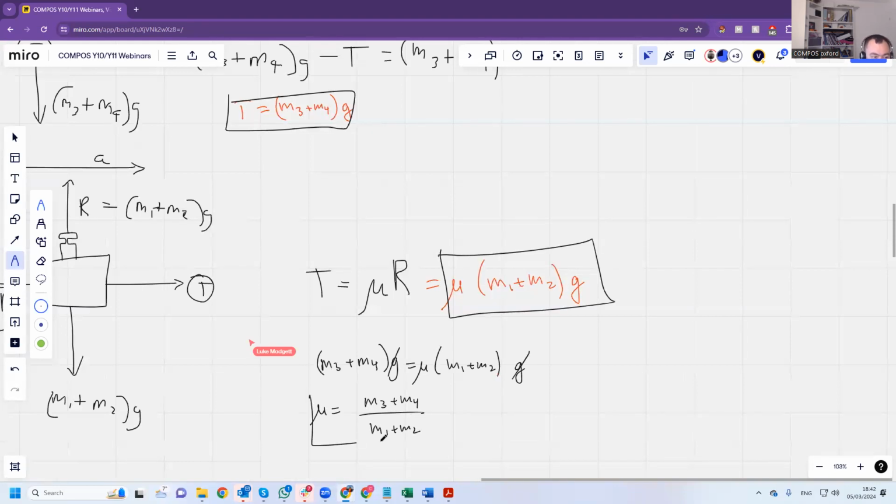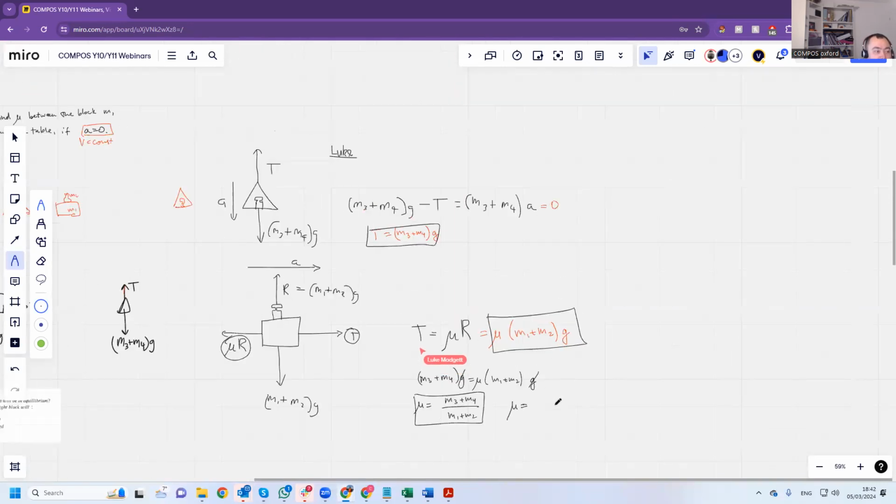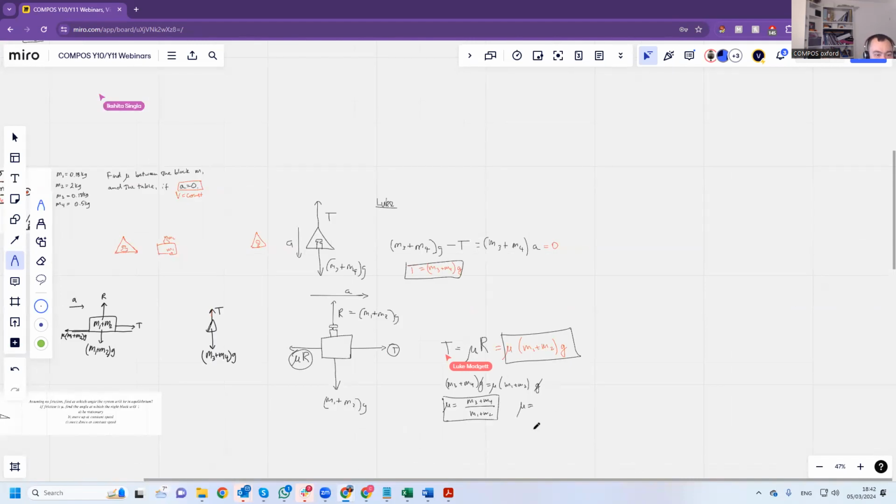Interesting. So mu is equal to, only in terms of mass. So all we need is 0.018 plus 0.5 divided by M1, which is 0.18 plus 2.